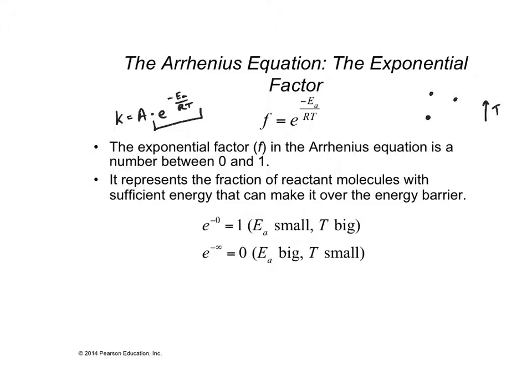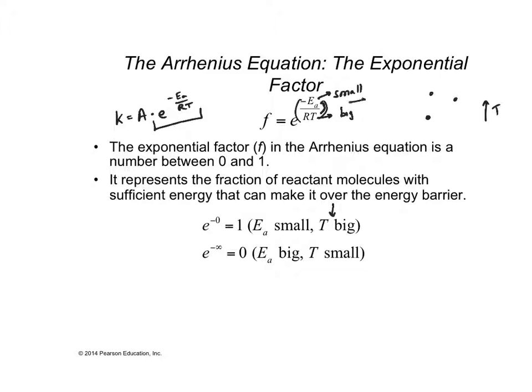This is where the temperature part comes in with respect to this exponential factor. If we raise the temperature, so if we make T really big, what's going to happen overall to this term? So let's imagine that this guy, activation energy, is small, and we make T really, really big. What happens overall to this thing up here? It's really small, right?